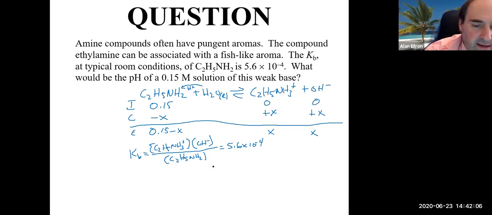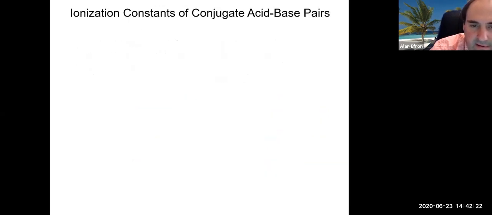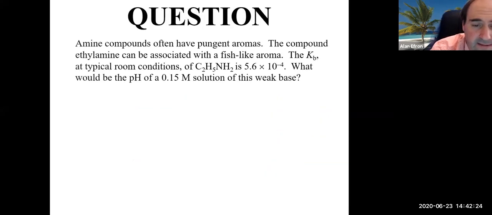We're going to put in our values, so that's going to give us x squared divided by 0.15 minus x equals 5.6 times 10 to the minus 4.